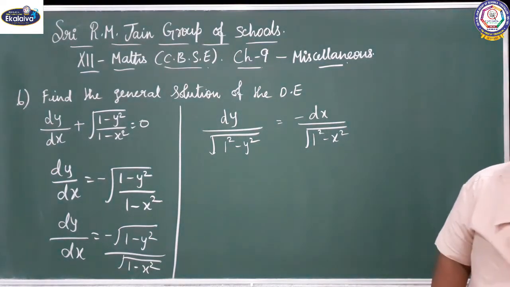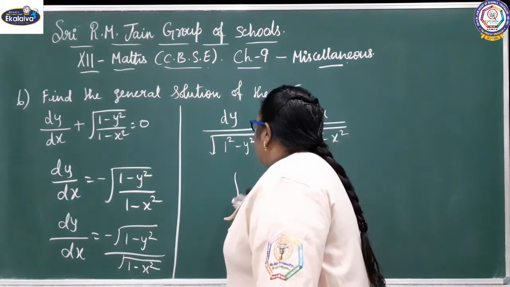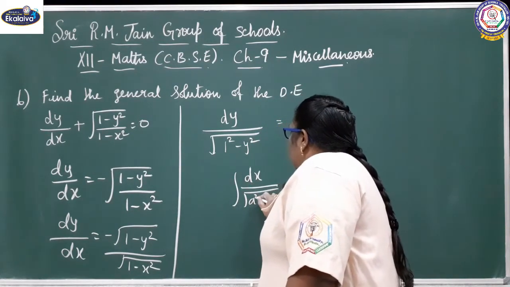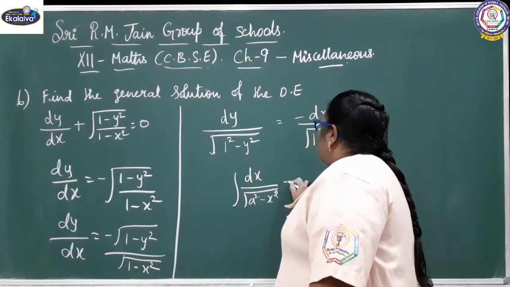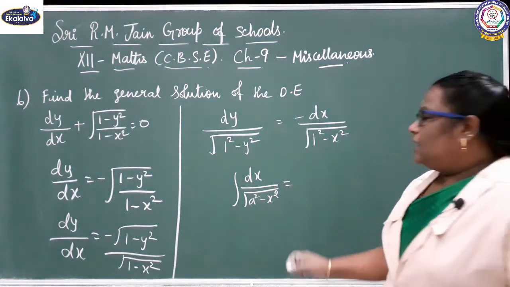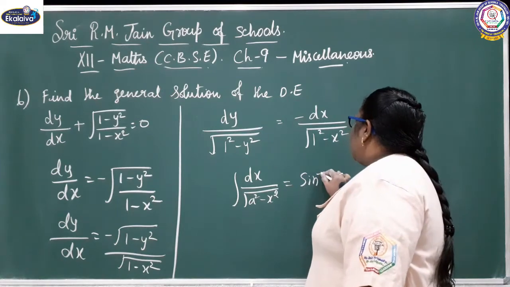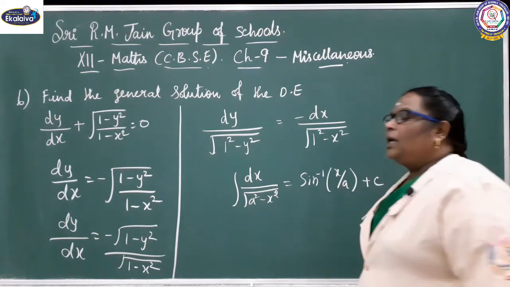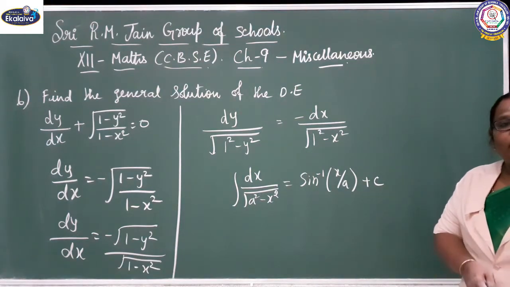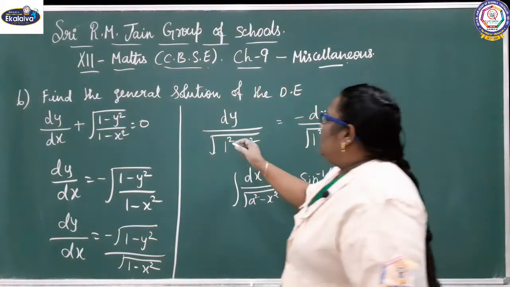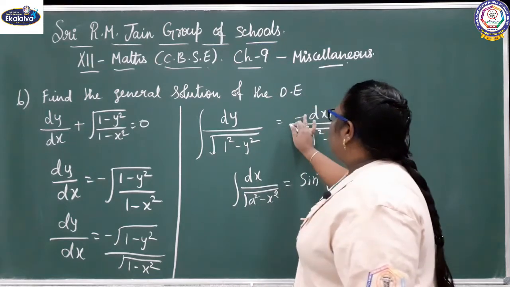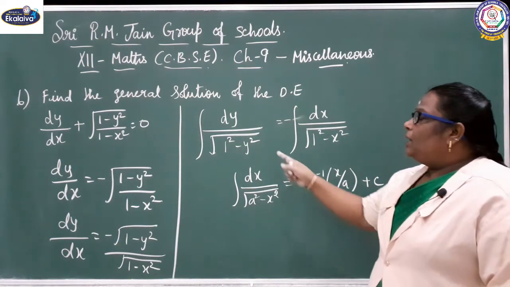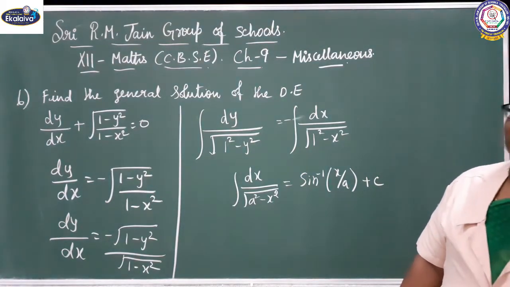You know the integral formula, what is that? Integral dx by root of a square minus x square equal to sine inverse of x by a plus c. Integrating on both the sides, dy by root of 1 minus y square.